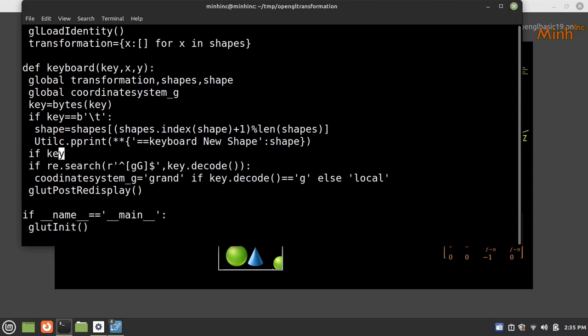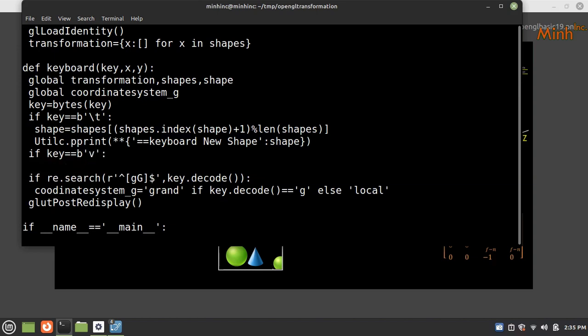If key equal to V, we want to kind of verbose printing.